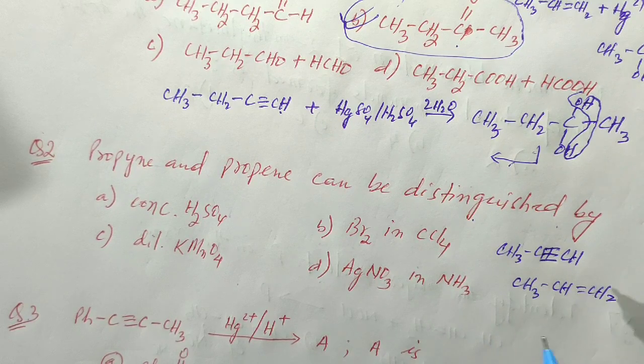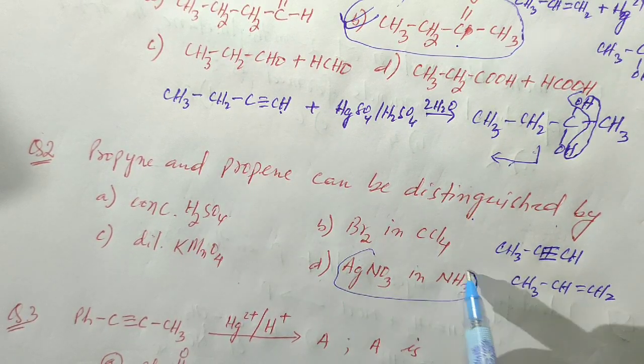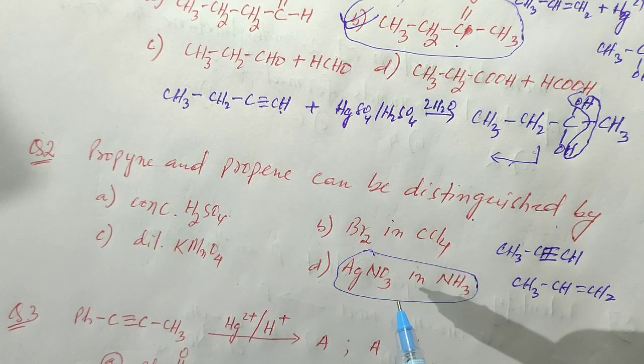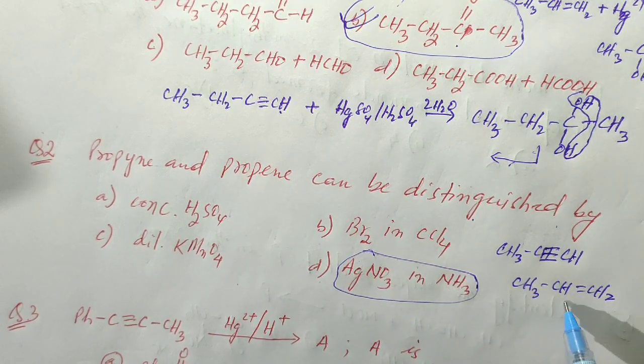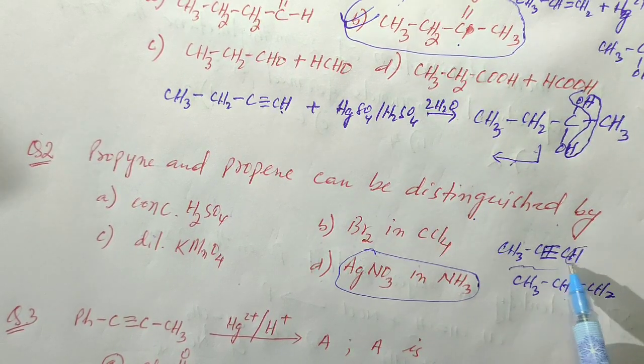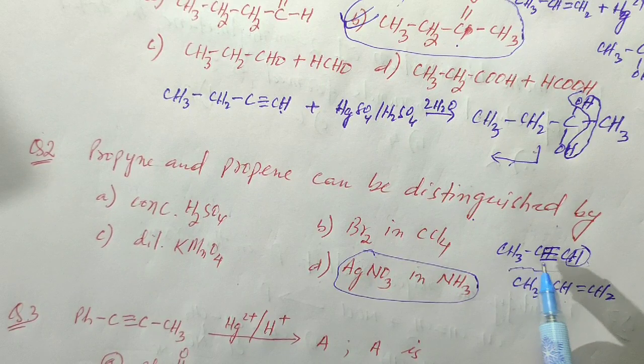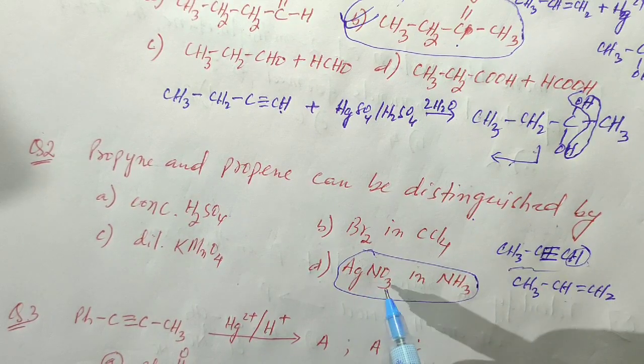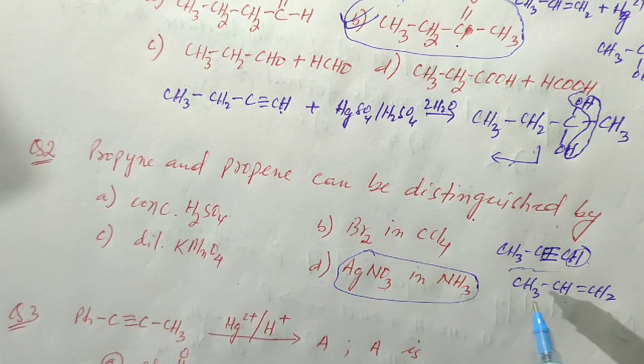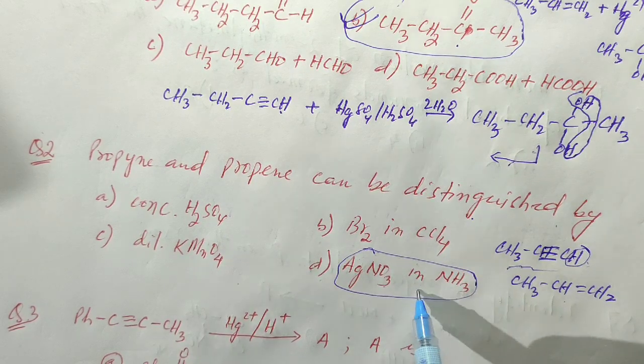Now in this case we need to check, because this reagent reacts with an acidic hydrogen. So in propene there is no acidic hydrogen, but in propyne one acidic hydrogen is attached here. Therefore this propyne will react with AgNO3, Ag+, while propene will not react with this compound.